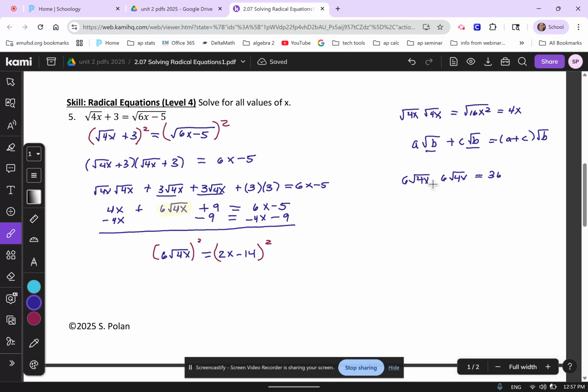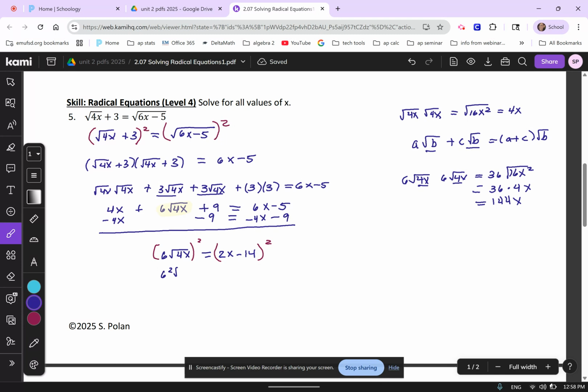And if we were going to do it the technical way, square root of 16x squared, which is 36 times 4x, and 36 times 4x is 144x. Or what we could have done is I could have just said 6 squared times square root of 4x squared.